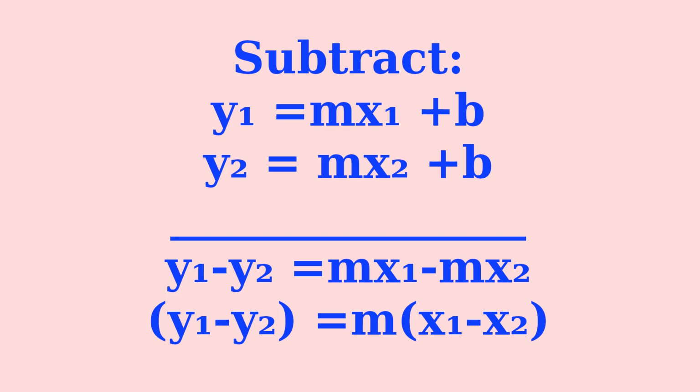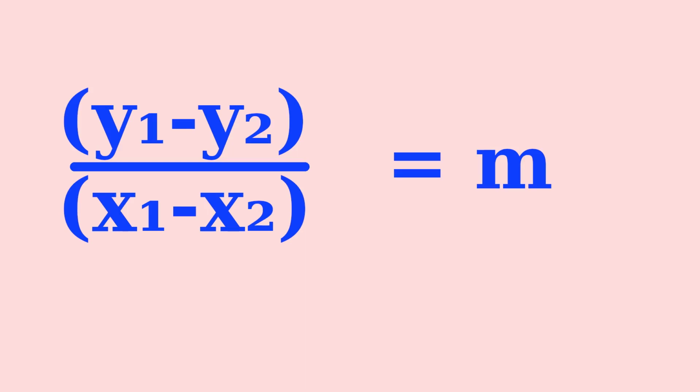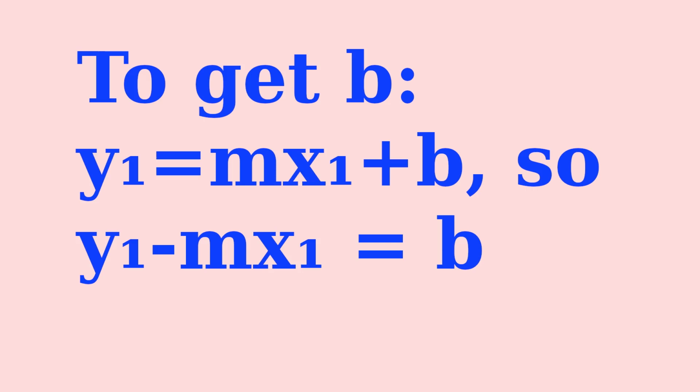So y sub 1 minus y sub 2 equals m times the quantity x sub 1 minus x sub 2. And therefore the quantity y sub 1 minus y sub 2 divided by the quantity x sub 1 minus x sub 2 equals m. We can get b from one of the points and m. Since mx plus b equals y, b equals y minus mx.